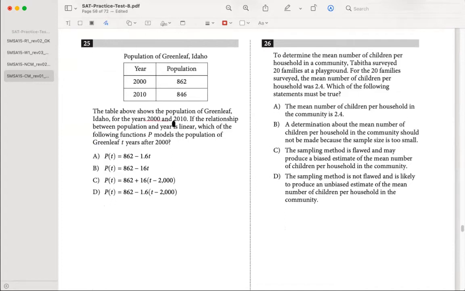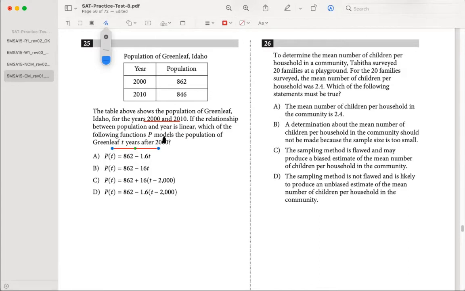Okay, P is the population in Greenleaf. Okay, years up to 2000. So you just do y2 minus y1 over x2 minus x1. Let's see. So 862 minus.